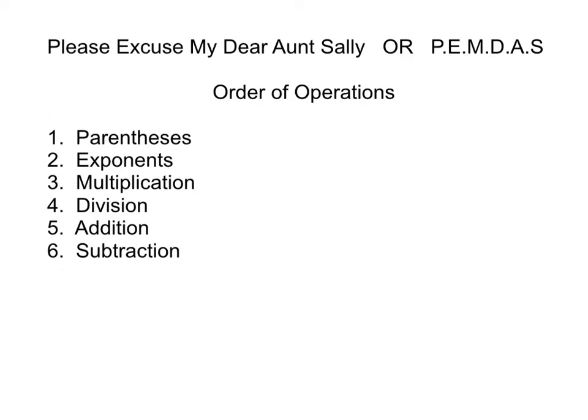Now, reading number sentences is just like reading sentences. You go from left to right. And although it says multiplication before division, if you saw division to the left first, and then multiplication, you would do division first.